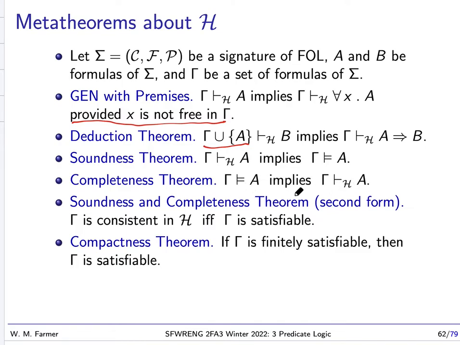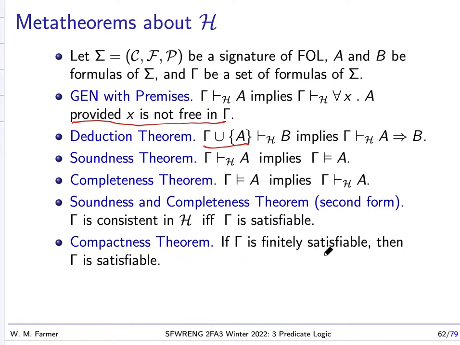So H is both sound and complete, and we can put these together and prove a second form of soundness and completeness, which says that gamma is consistent in H, meaning we can't prove everything, if and only if gamma is satisfiable, if and only if it has a model. And then there's a very useful theorem called the compactness theorem.